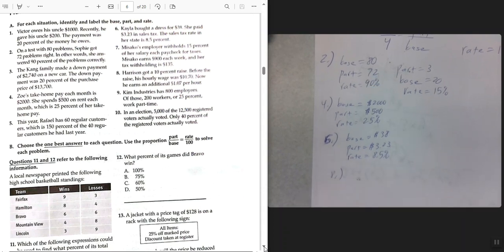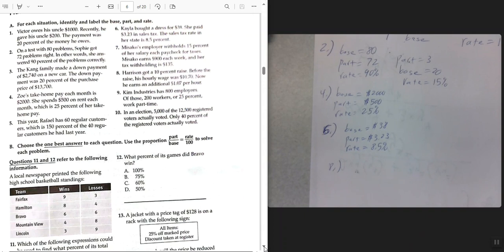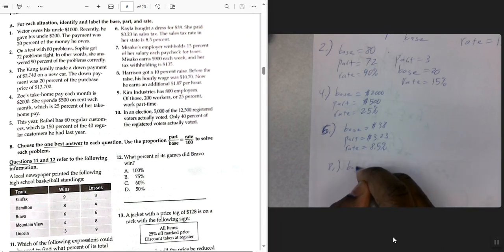Now we go on to problem number 8. Harrison got a 10% raise. Before the raise, his hourly wage was $10.70. Now he earns an additional $1.07 per hour. So what we would do with number 8, we will write the base.